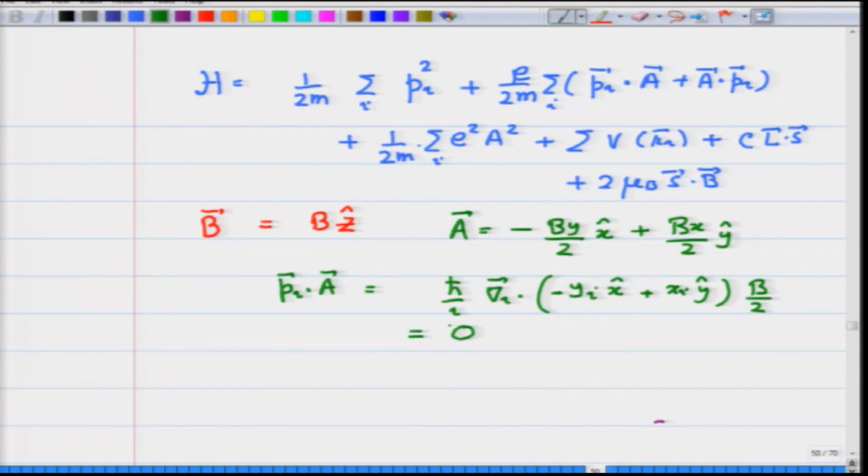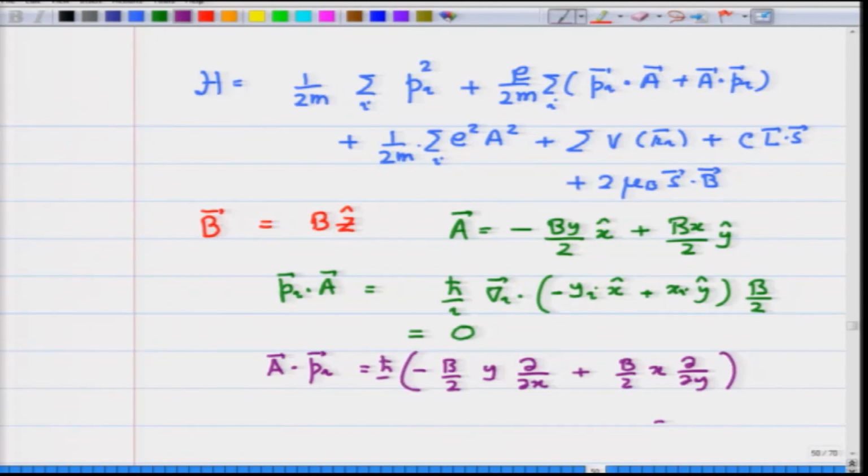This term becomes 0. Then A dot p_i is going to be equal to minus B/2 y d/dx plus B/2 x d/dy, and I have h cross over i outside.